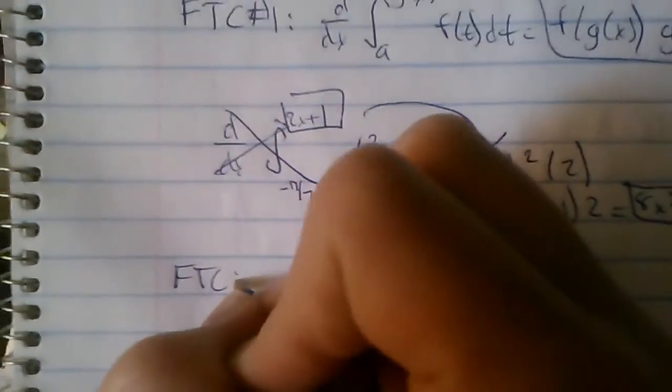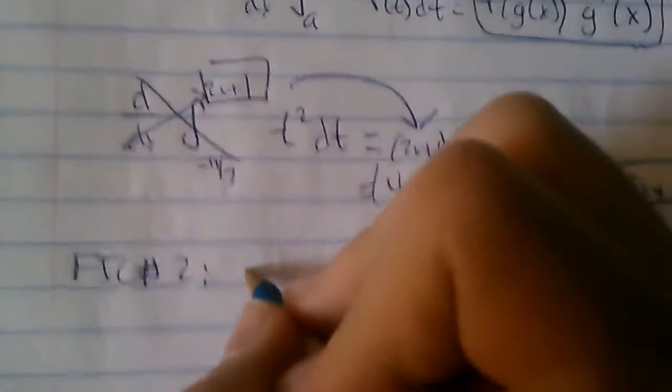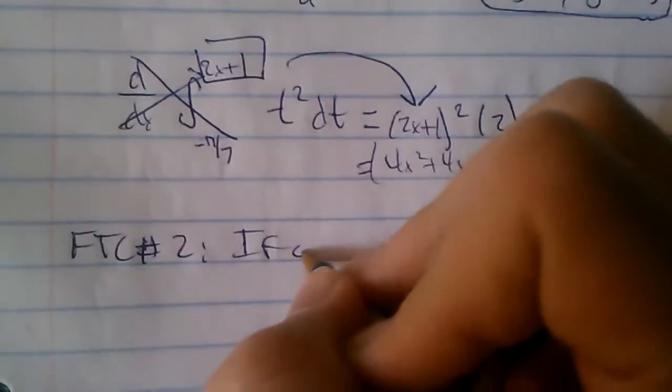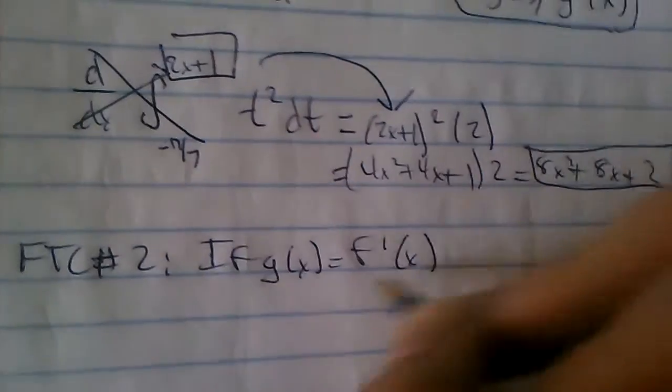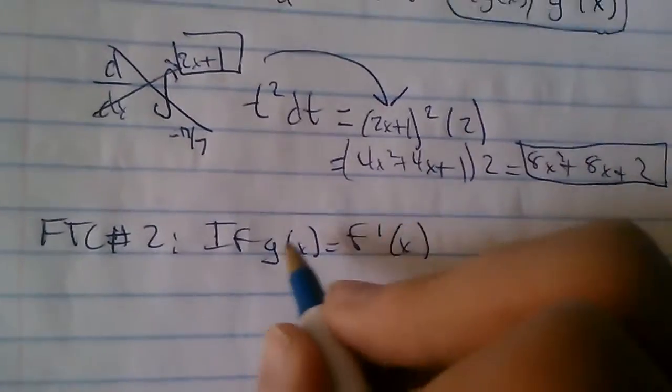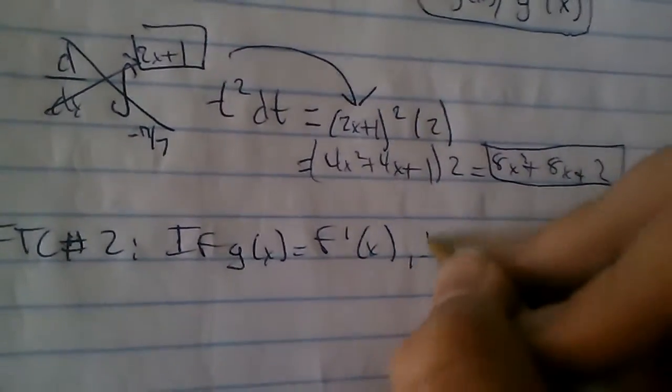Now that was a little dry and kind of almost meaningless. But the fundamental theorem of calculus number 2 is much better, in my opinion. So if we have a function g of x, which equals f prime of x, if g of x is the derivative of f of x, basically, then, let me draw this out.